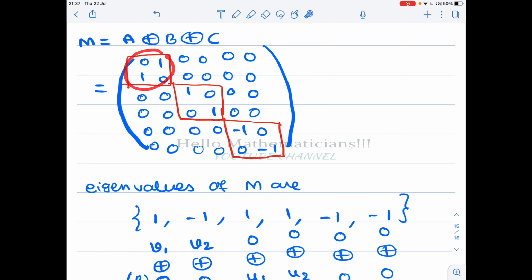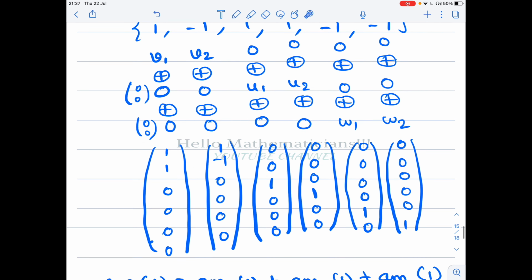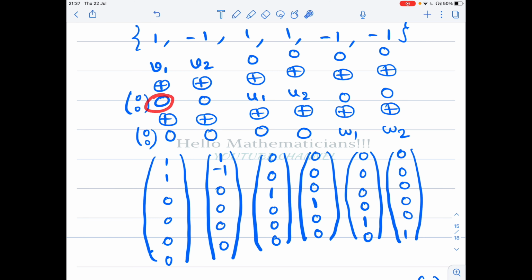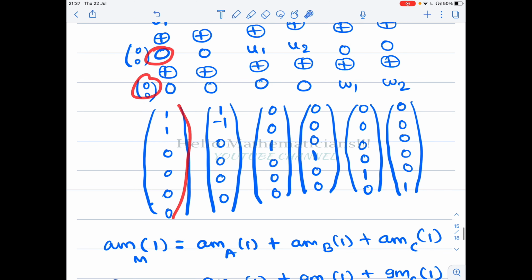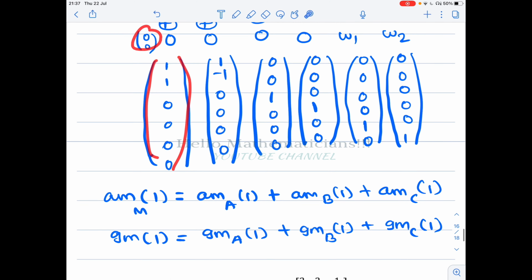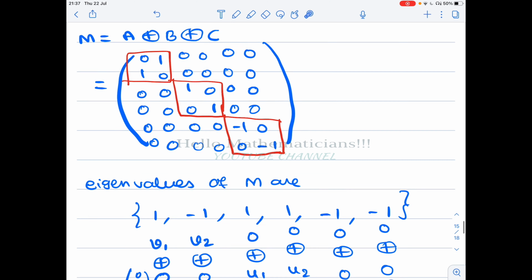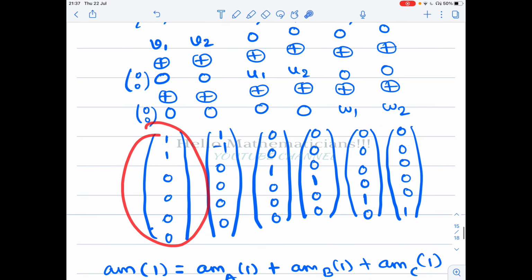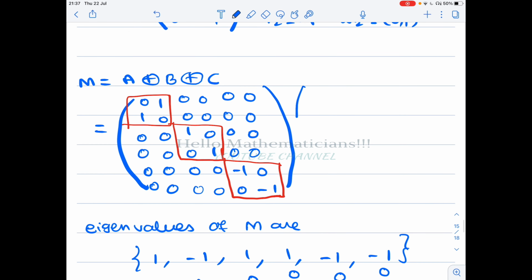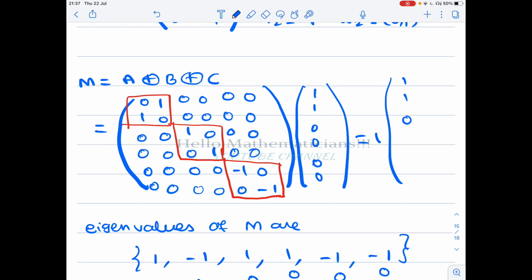I am looking at eigenvectors corresponding to the first block, so in the remaining places I put 0 0, and I get this vector. Now if you act with the matrix M on this vector, (1, 1, 0, 0, 0, 0), you will actually get 1 times (1, 1, 0, 0, 0, 0).